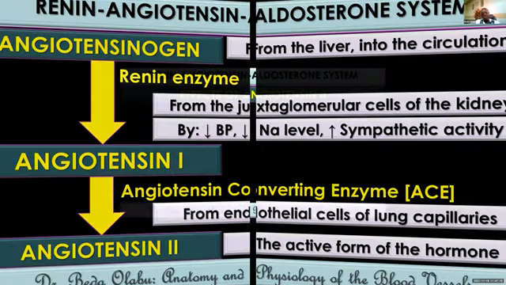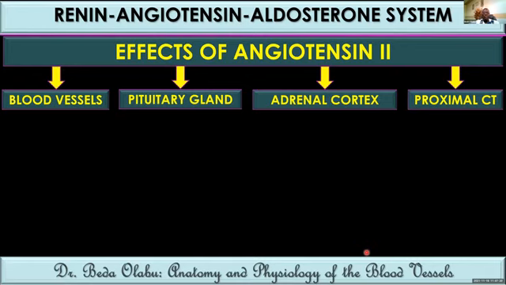Angiotensin 2 has multiple target organs, 5 of them actually. The blood vessels, the posterior pituitary gland, the adrenal cortex, and the proximal convoluted tubule of the kidney.